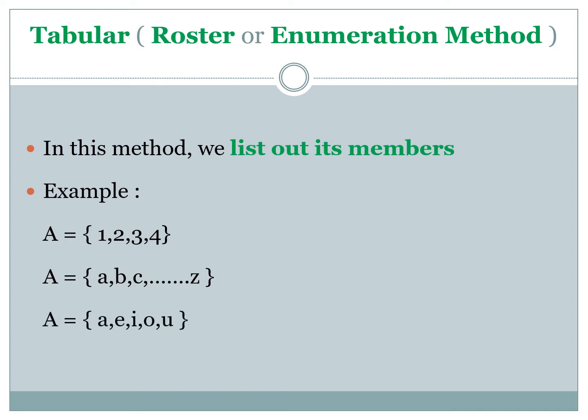In the next example, the members of the set A are the vowels a, e, i, o, u. Since the set is represented by the tabular method, we list out its members.